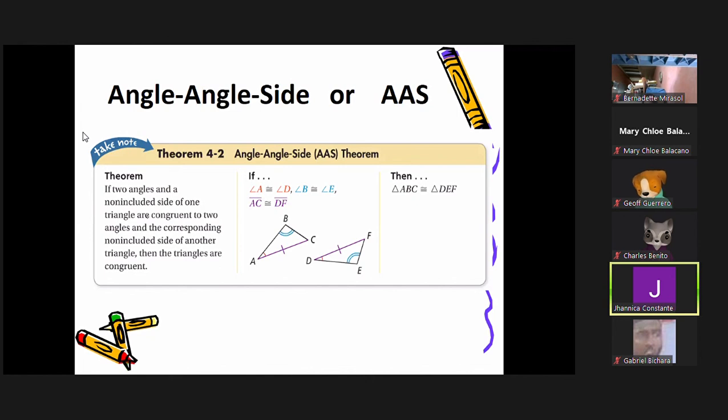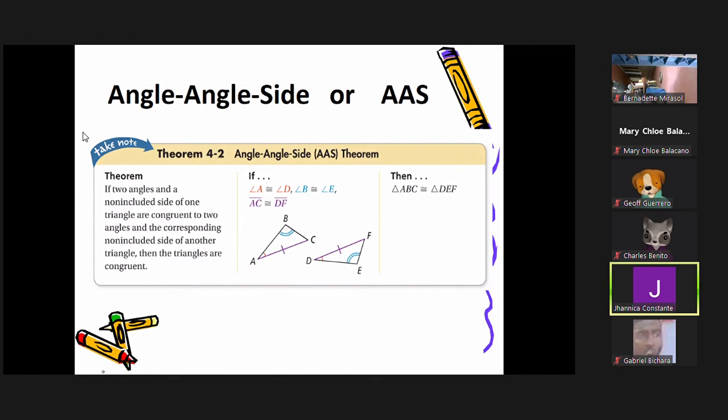If two angles and the non-included side of one triangle are congruent to two angles and the corresponding non-included side of another triangle, then the triangles are congruent. Just like the triangles that we have, triangle ABC and triangle DEF.